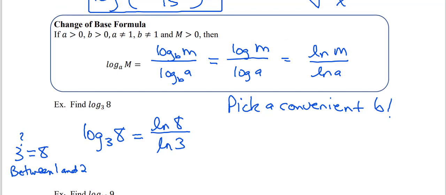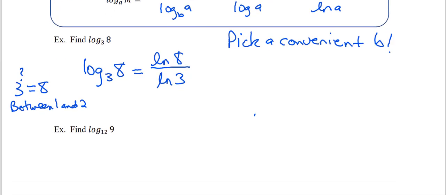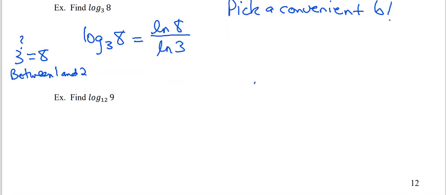Let's look at one more example, and before we go to our calculator to do it, I want you to think about what integers this result will be. What integers would be log base 12 of 9? What would that be between?